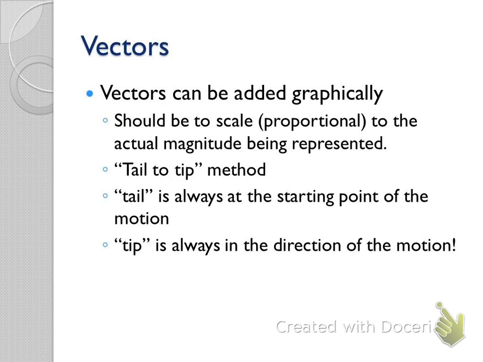So if you have a vector that's saying 10 meters west, does that vector correspond with that? No, not if it's going east. You've got to make that tip go in the direction of the motion.